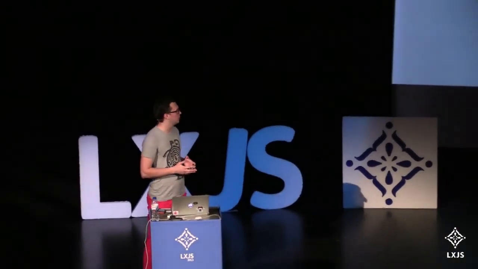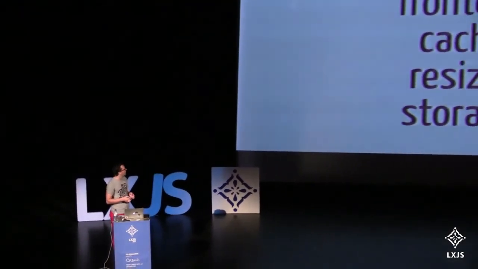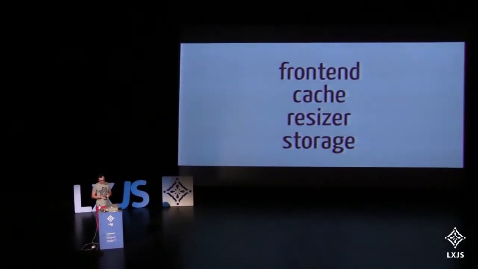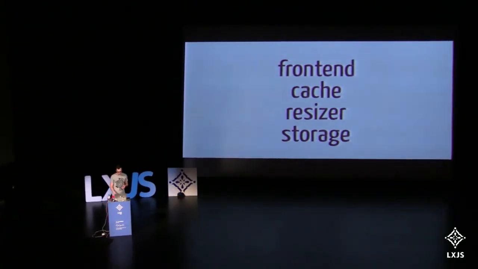So this is a very basic view of our infrastructure. An HTTP request hits front ends, also known as balancers, that route the request to cache servers. If a cache miss occurs, cache servers ask the resize server, and resize takes data from storage itself and gives you what you wanted.